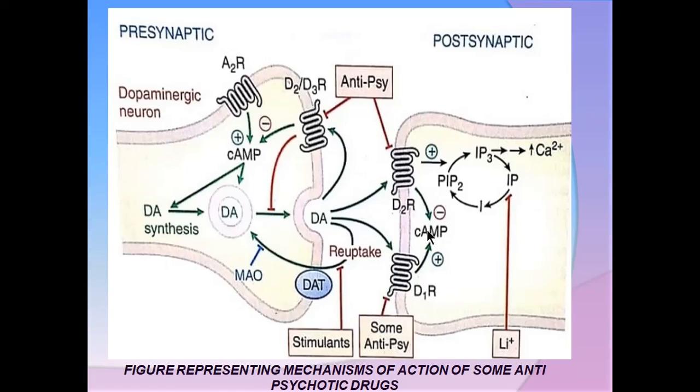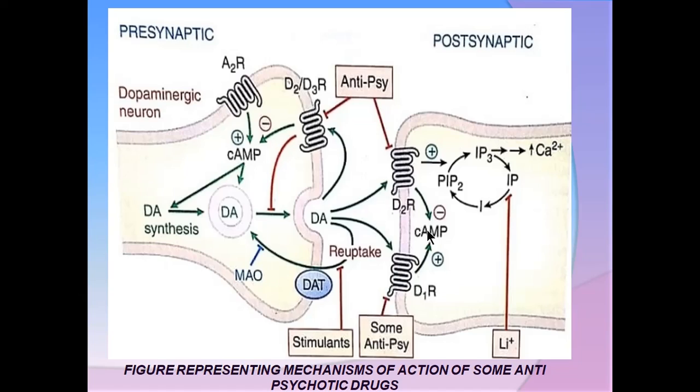Termination of DA action occurs primarily by active transport of DA into presynaptic terminals via the dopamine transporter, with secondary deamination by mitochondrial monoamine oxidase enzyme. Stimulation of postsynaptic D1 receptor activates the Gs-adenylyl cyclase-cyclic AMP pathway.